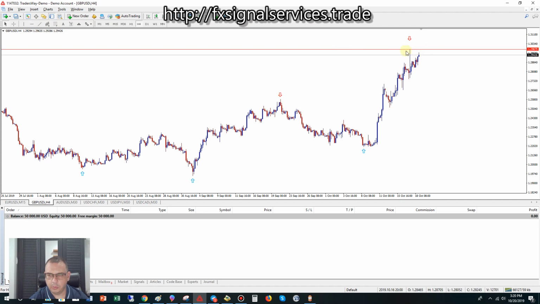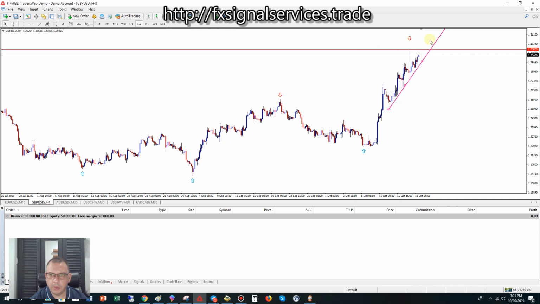That's very notable. And the market makers or banks or whoever is controlling the market pretty much did that on purpose, okay? We also see a beautiful, beautiful uptrend right here, okay? So all we have to do is wait for this trend line to break or that resistance to break, okay?